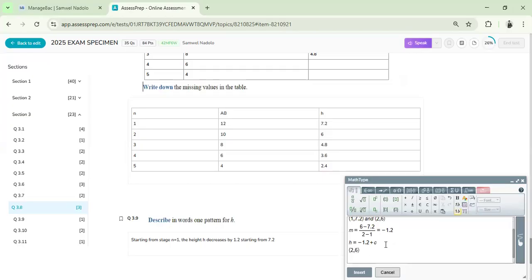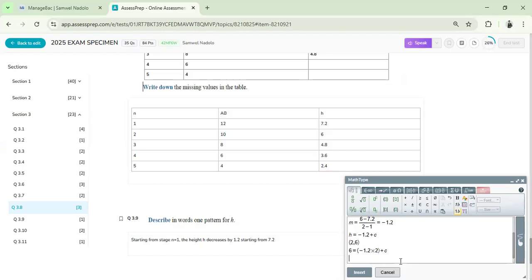When h is 6, look at the table, n is 2. So 6 is equal to negative 1.2, always use a bracket there, times n. So when h is 6, n is 2, so times 2, close the bracket, then plus c.